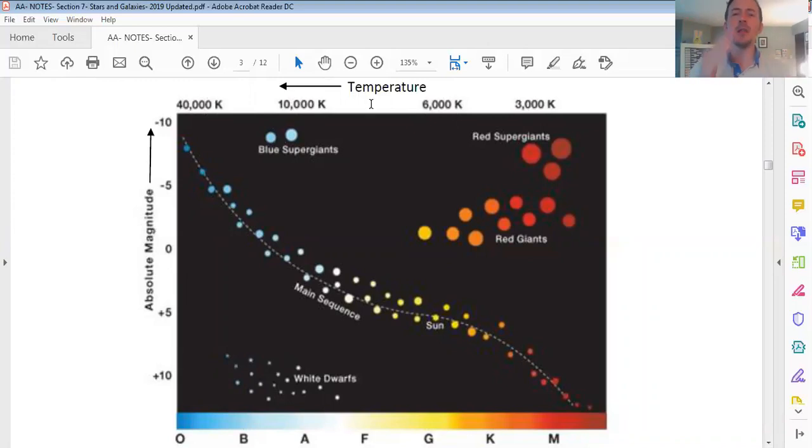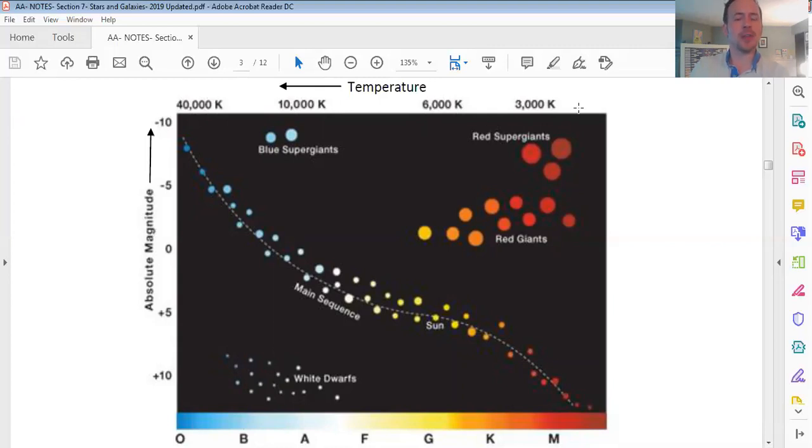So notice this is a lot like an XY graph in math, but the only real difference is the temperature is actually increasing to the left rather than the right. So here on this diagram, our hottest stars are over here on the left and our coolest over here on the right. And keep in mind with stars, cool is a very relative term. This isn't like ice cubes or snowflakes. Even cool stars are still over 3,000 degrees Celsius or Kelvin.